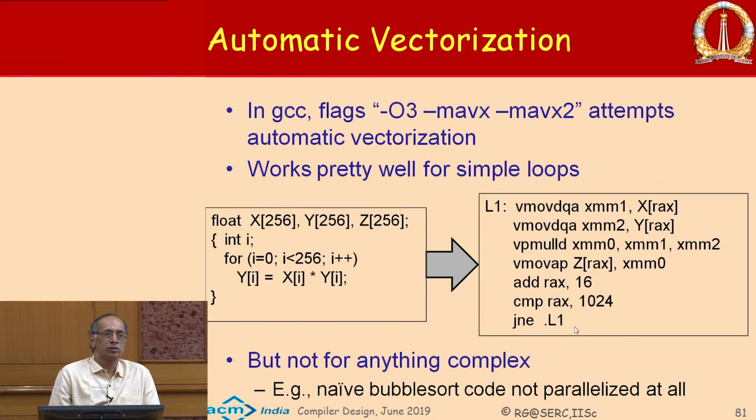Today you have GPUs. How do I generate code for GPUs? Can I take your C program and then automatically generate a CUDA code which will do certain things, right? Or if I have a CUDA code, can I analyze it and make it better for the GPUs, right? Or if I have a C code, can I exploit the AVX capabilities of the processor?